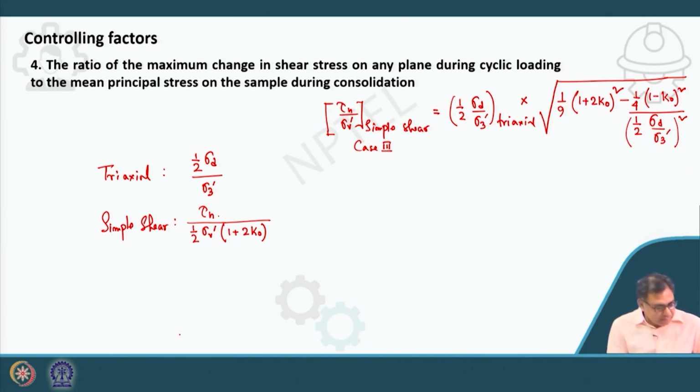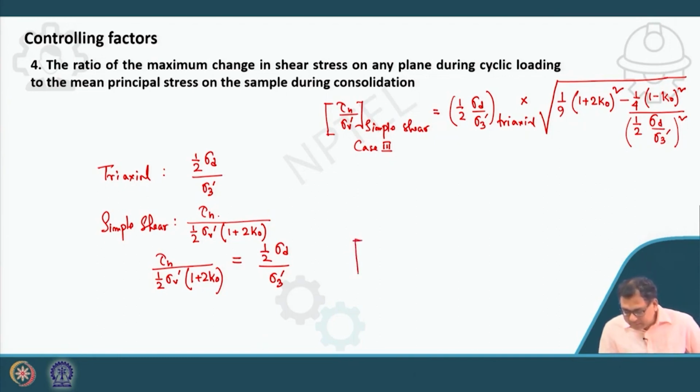So if I have to equate them, then I will write tau h divided by half sigma v dash, 1 plus 2 k0, that is equal to half sigma d divided by sigma 3 dash.